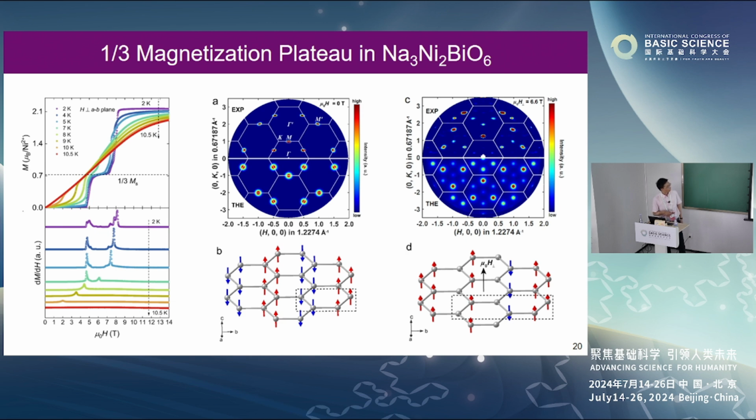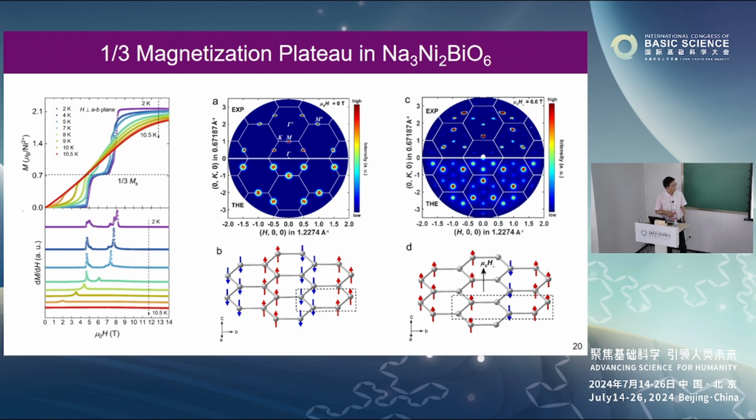So we found that this is the experiment, and we do some simulations to calculate the structural patterns. And then by comparing the experiment and calculation, we can determine the structure in zero field is this kind of zigzag order state.